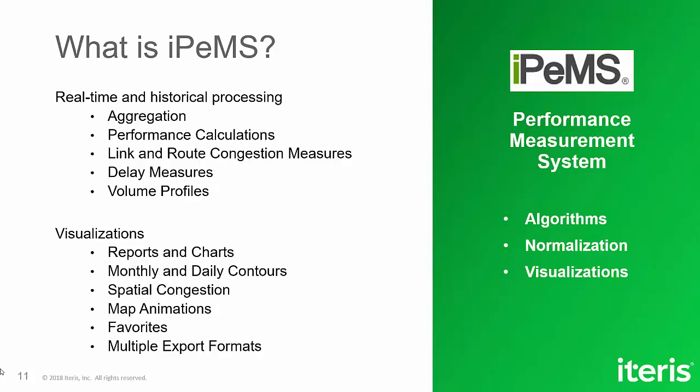We have a map animation feature, so you can go back to any point in time, look at what happened in the past, and play through the map to see what the traffic looked like for particular events, or to analyze recurrent congestion or special events. We let you save those animations. We call them favorites. And then we let you spit data out into multiple formats because people like to play with data in other ways.